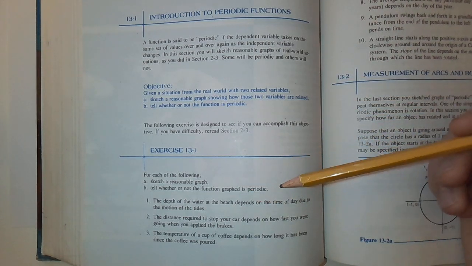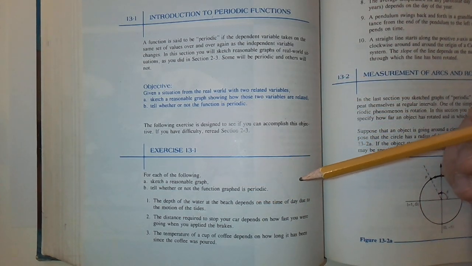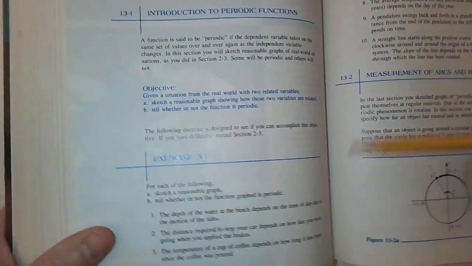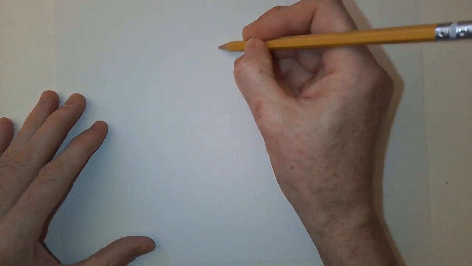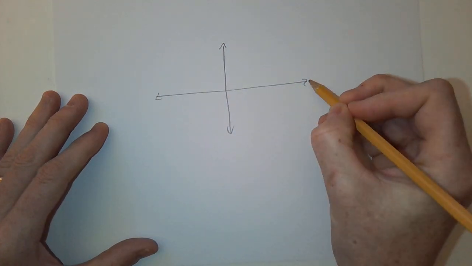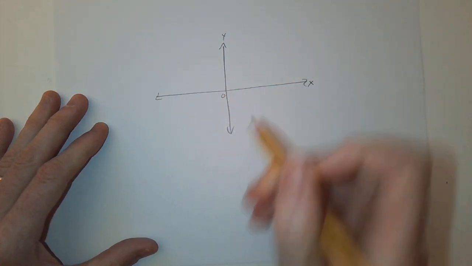Number one says the depth of the water at the beach depends on the time of day due to the motion of tides. Okay, so if we're going to do a reasonable graph, we'll just do our xy axis here, origin.